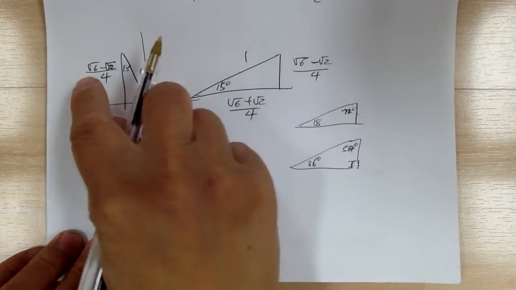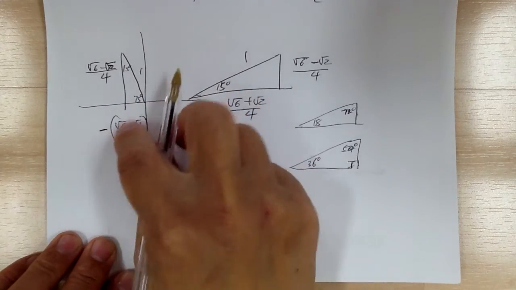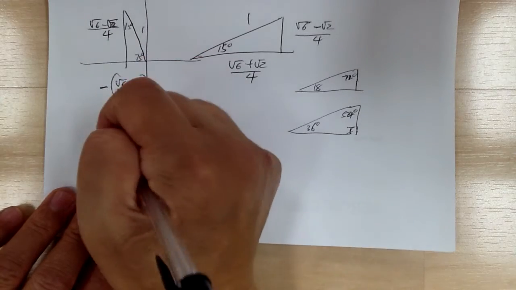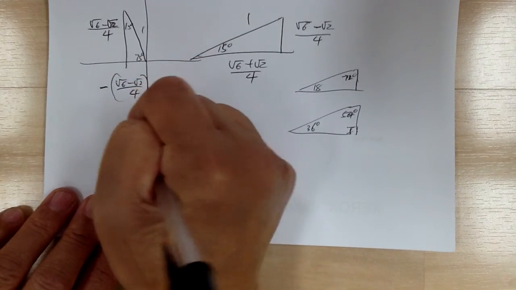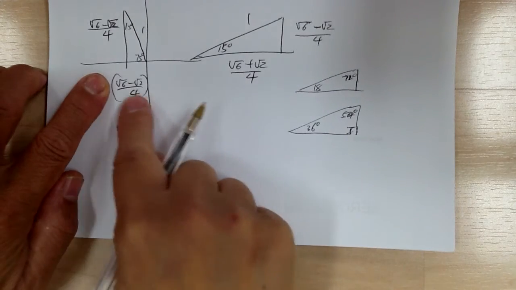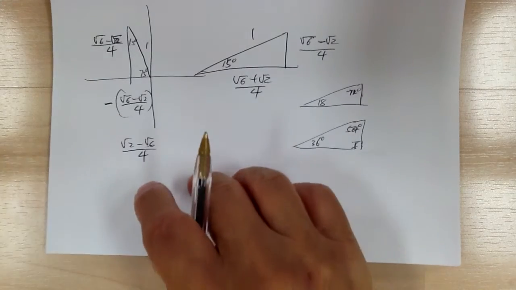Now this is positive, so this is good, but this is negative, so you have to times this by -1. If it's negative, you have to put a negative in front of that. So this would become square root of 2 minus square root of 6 over 4 instead. But you start out with the length, and then you worry about the positive or negative afterward.